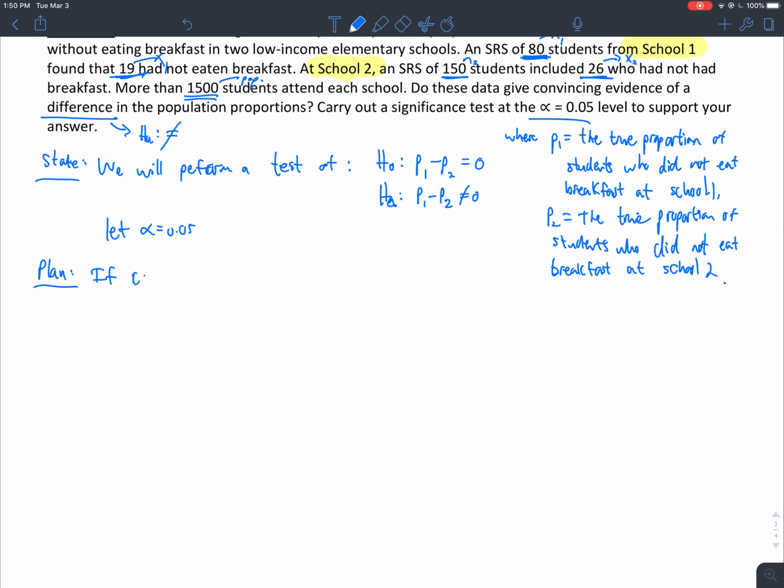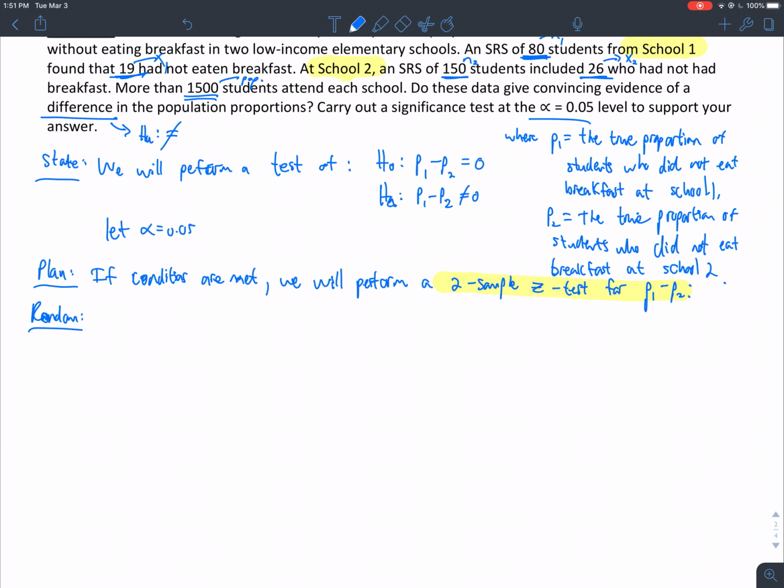And as usual, if conditions are met, we will perform a, and now the name, of course, a 2-sample z-test for P1 minus P2. So this is the name, important: 2-sample z-test for P1 minus P2. That's naming the procedure, and then random.